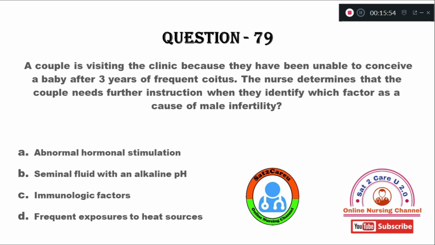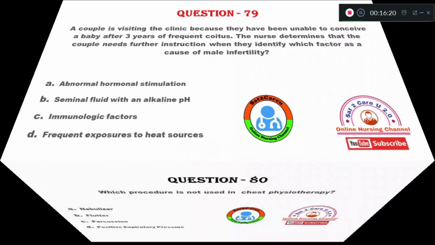B, seminal fluid with an alkaline pH. Option C, immunologic factors. Option D, frequent exposure to heat sources. So the right answer is option B, seminal fluid with an alkaline pH.